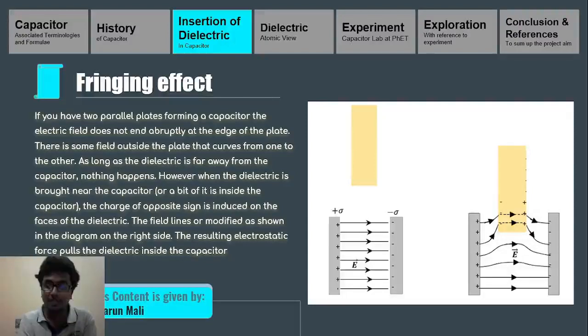You can see the electric field comes out a little from the desired plate area. So when we move the dielectric towards the capacitor, it starts to experience a force even before it enters the capacitor. This is the reason for the fringing effect.